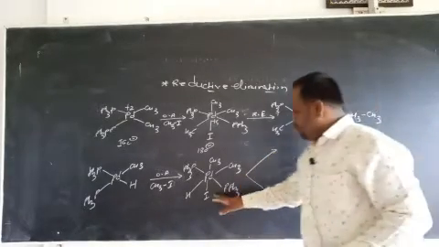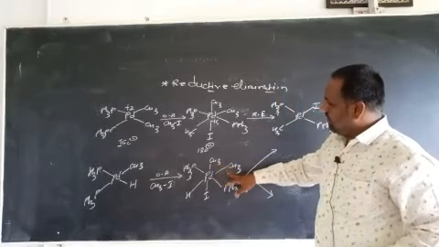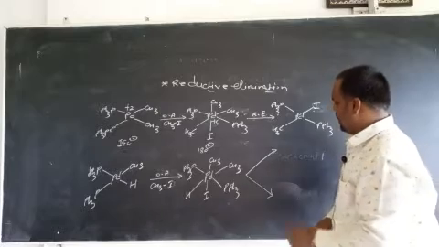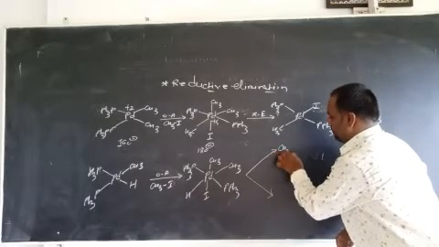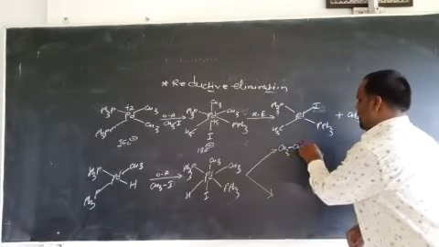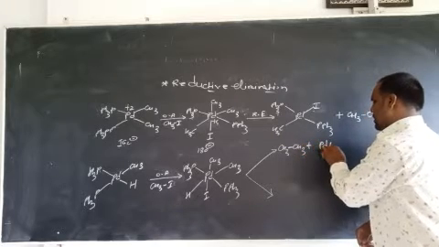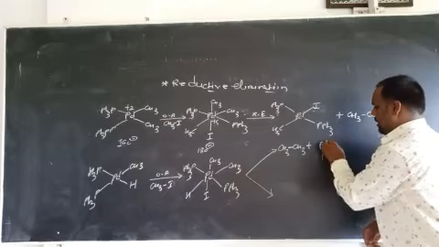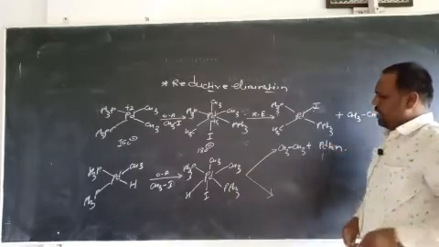If we see this species, both these methyl groups are adjacent to each other. So one of the products is that we get ethane, CH3 plus Pd, Ln, Pd and the remaining ligands.